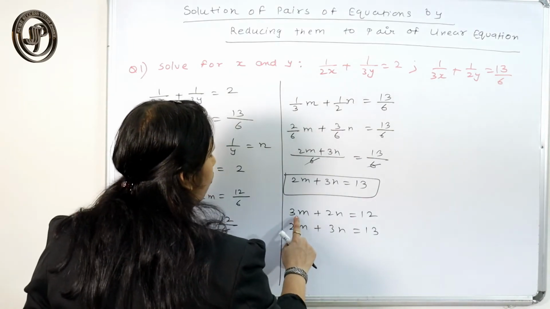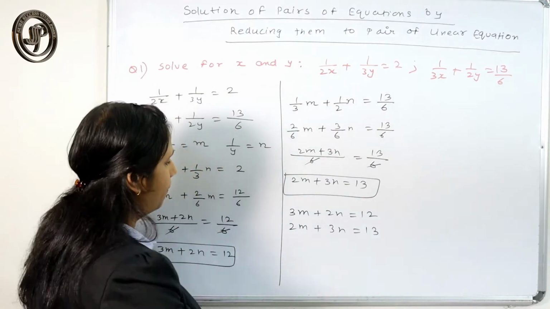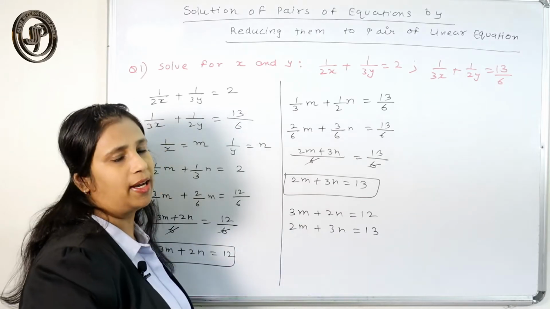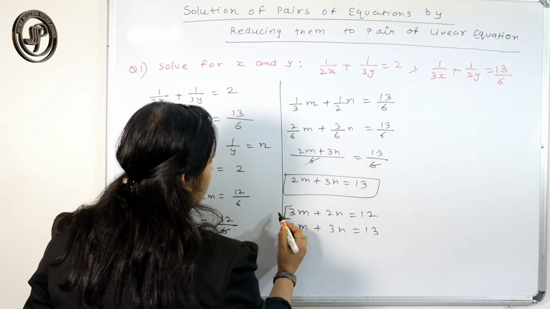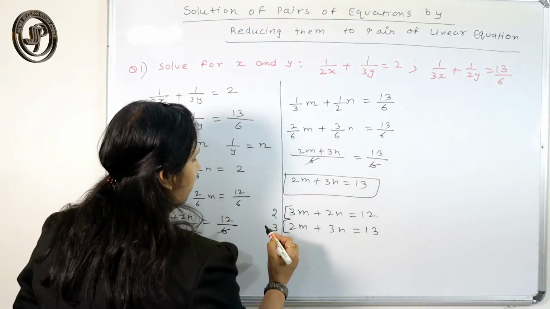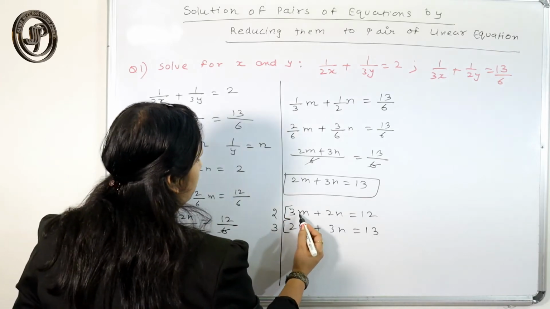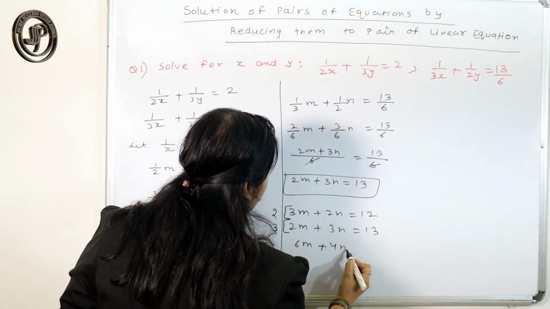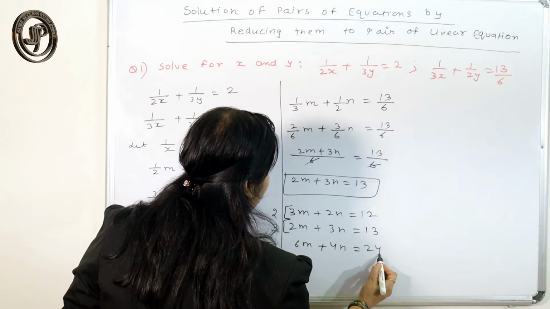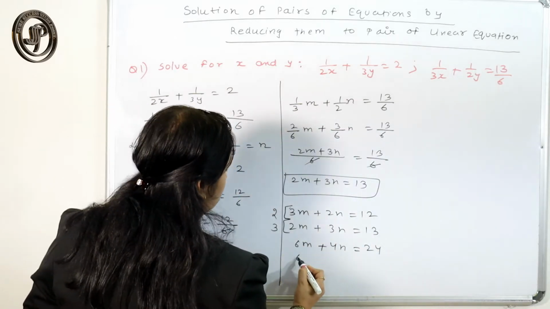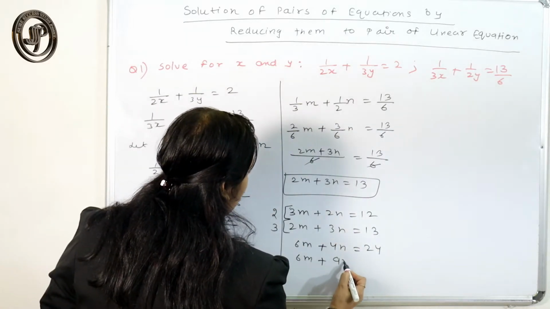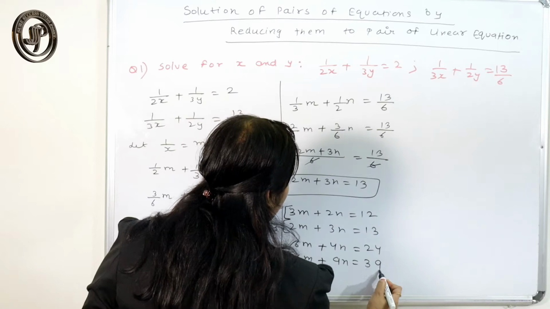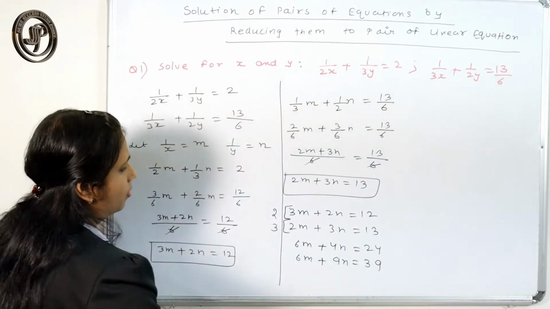By making the coefficient of m the same, I am going to eliminate m. So, I multiply this by 2 and this by 3. So, it is 6m plus 4n is equal to 24. Here it is 6m plus 9n is equal to 39.